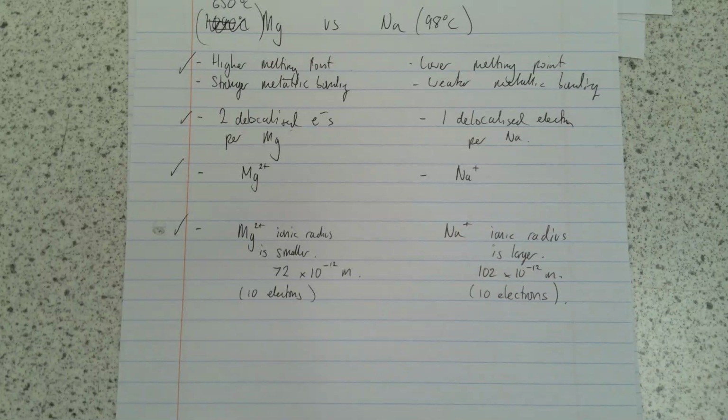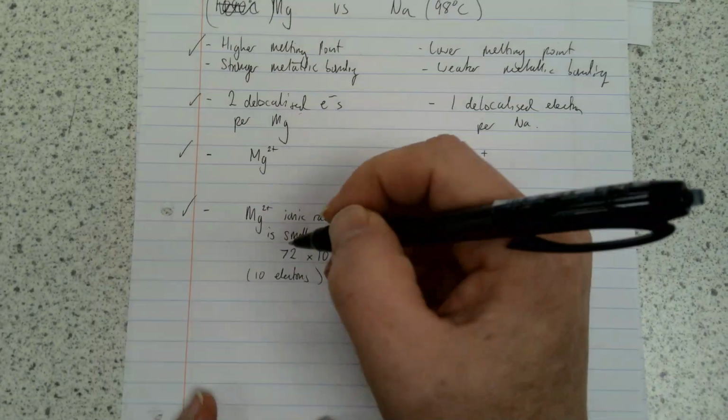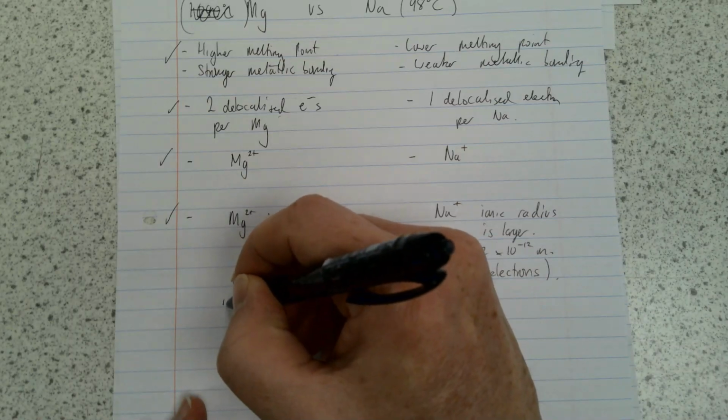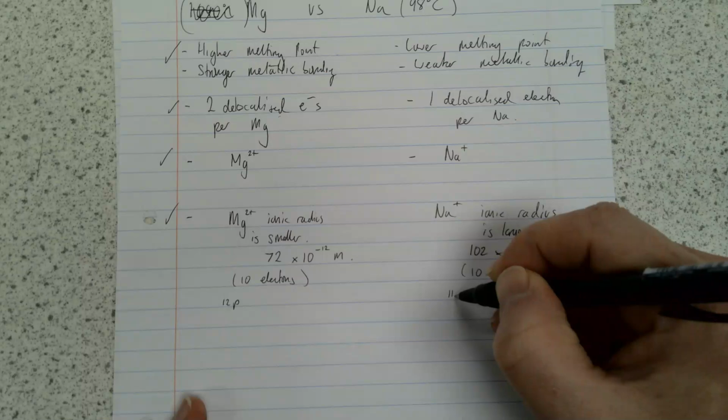Chemistry's all electrostatics, remember? So, yeah, exactly right. The reason that magnesium ions are smaller, even though they've got the same number of electrons, is that this has got 12 protons, and this has only got 11 protons.